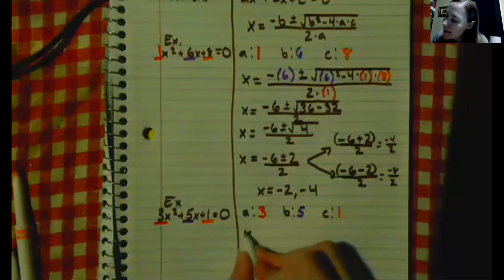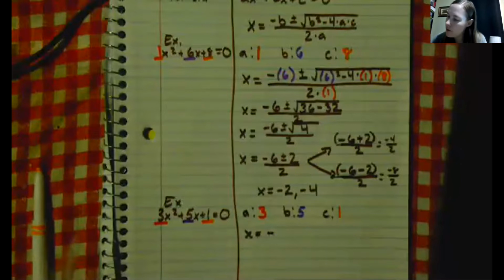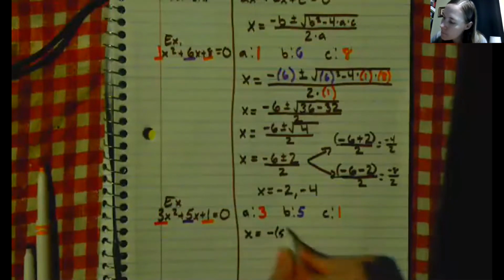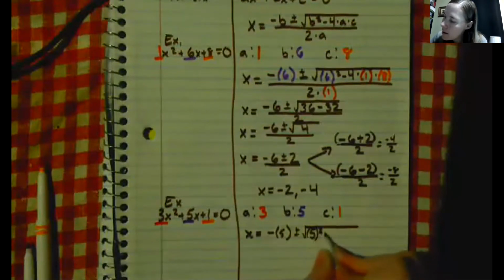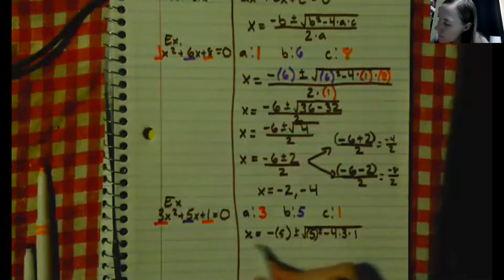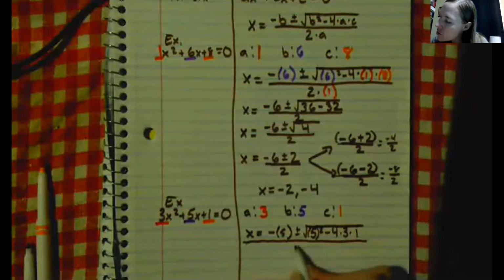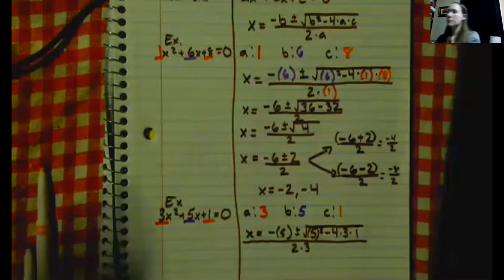So we have x equals -b, so -5, plus or minus the square root of b squared, so 5 squared, minus 4 times a times c. My a is 3, my c is 1. All divided by 2 times a, and my a is 3.